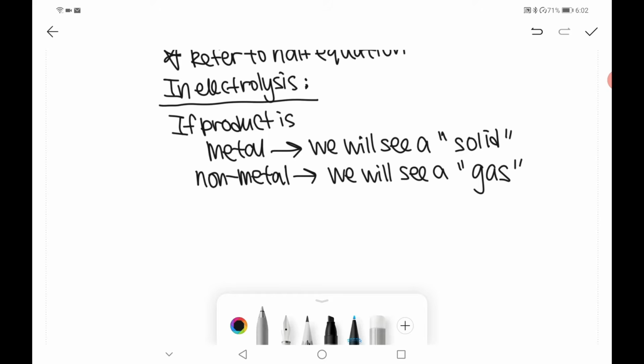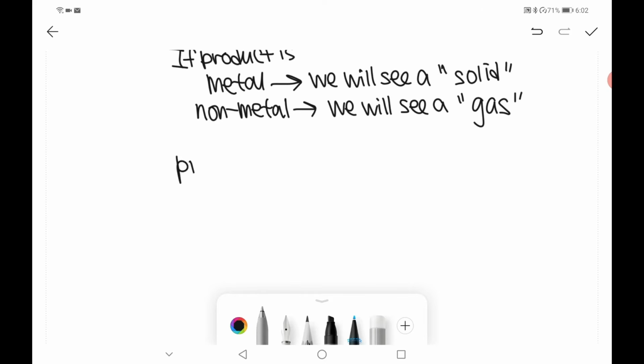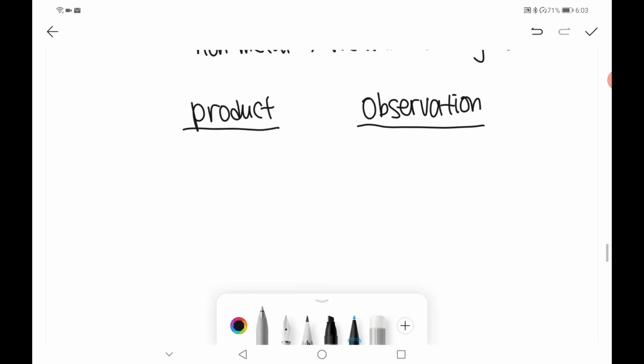I'll give you some common products that you will see in electrolysis, and the observations. This is the product and this is the observation. This table you don't need to memorize, I just show you.